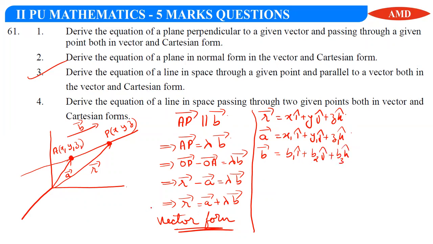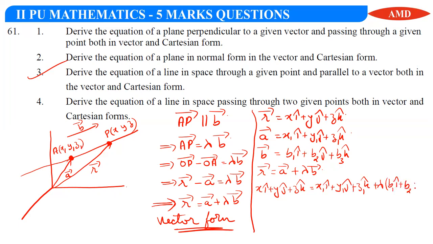Now we substitute in the vector form. We have vector r equal to vector a plus lambda times vector b. Substituting, we get x i cap plus y j cap plus z k cap equal to x1 i cap plus y1 j cap plus z1 k cap plus lambda times b1 i cap plus b2 j cap plus b3 k cap.